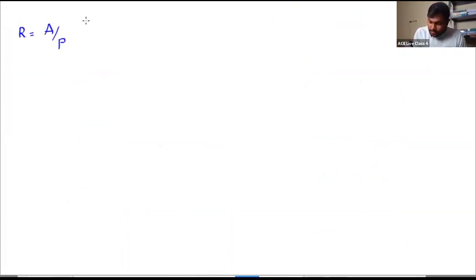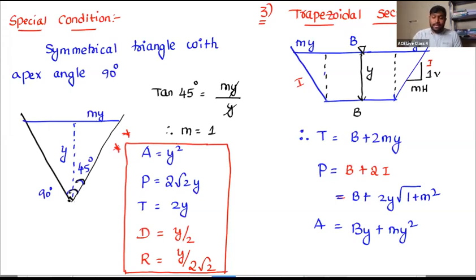Hydraulic radius is A by P and hydraulic depth is going to be A by T. I'm not going to do anything further because if you write it out, you won't get any simple form like D is equal to y or D is equal to y by 2. Now, after knowing all these things, you know the meaning of hydraulic depth, the average depth of the flow section. Now I'll give you how to predict the D value for the trapezoidal section.